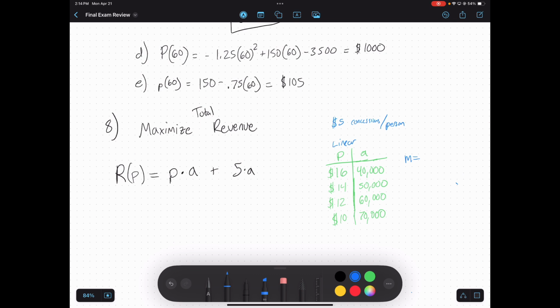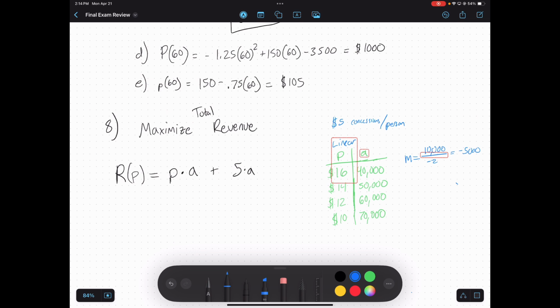So 10,000 over -2. Yeah, it's important that this ends up being a negative slope. So I get -5,000. So there's my slope.